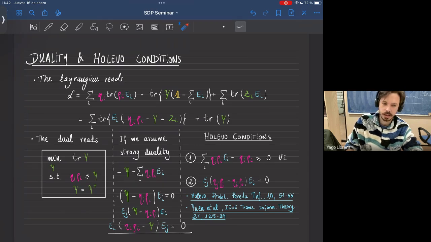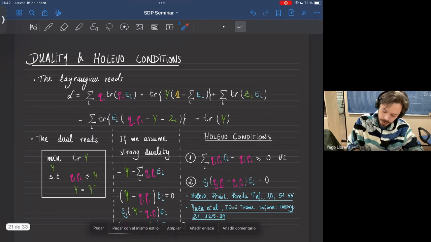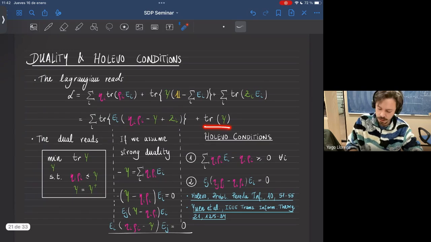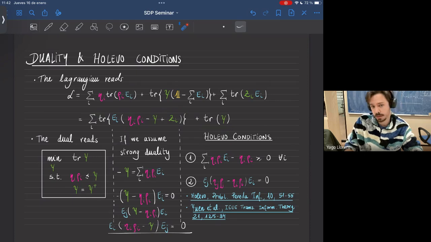So as I explained last week, putting all the primal variables together, we have one constraint for the dual semi-definite program, and the rest that is independent of the primal variables will be the objective function of the dual version.